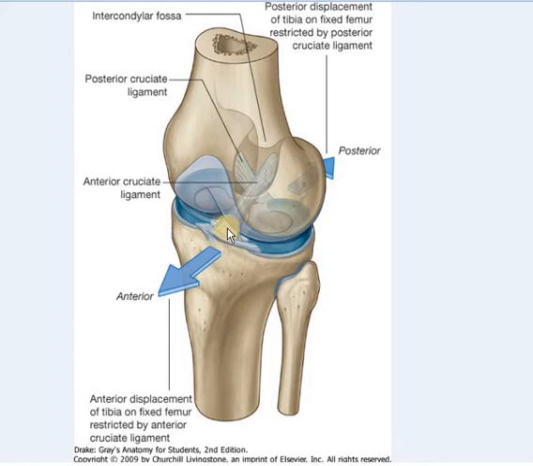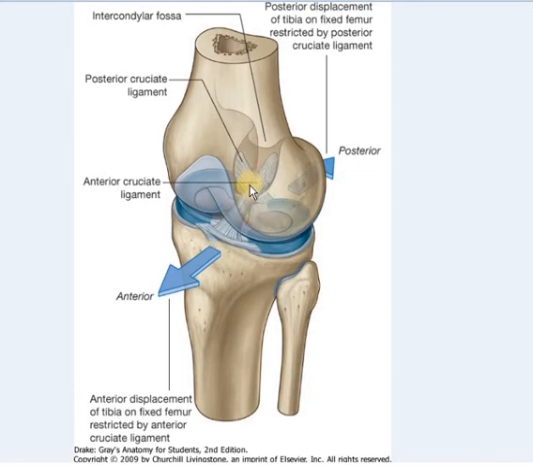The anterior cruciate ligament runs upward, you can see it runs upward and backward, and is attached to the lateral femoral condyle. And this posterior cruciate ligament runs upwards and forwards and is attached to the medial femoral condyle.